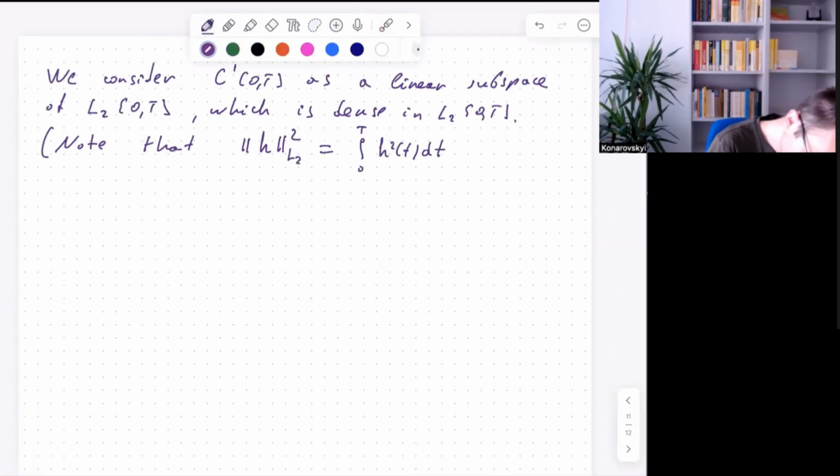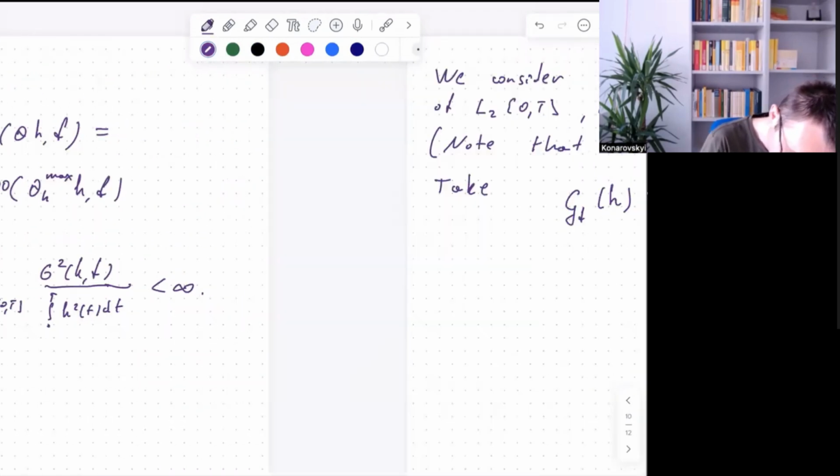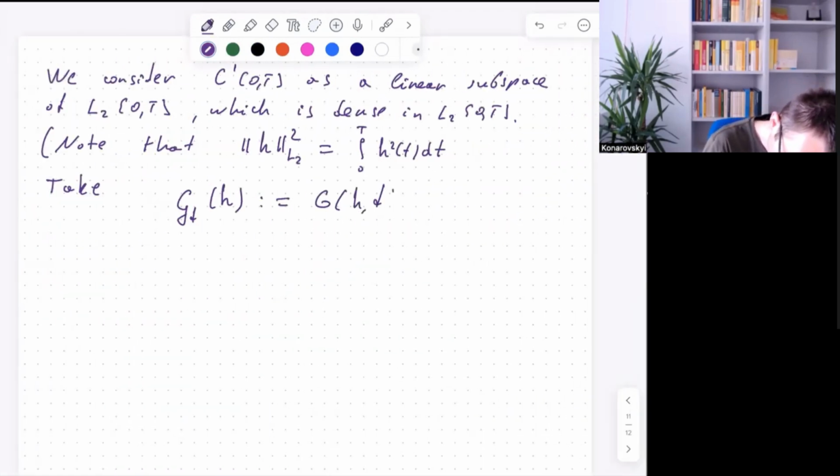And let's also take the linear operator, define it like so, let's say J of g f h, it is defined as g of h comma f for h that belongs to C1 of 0 to t.